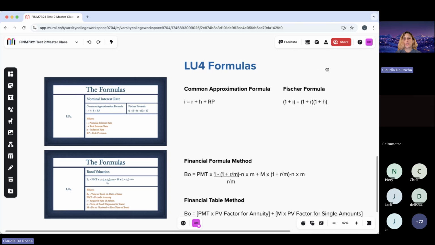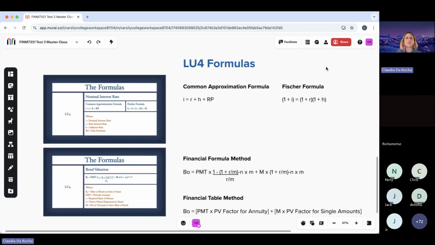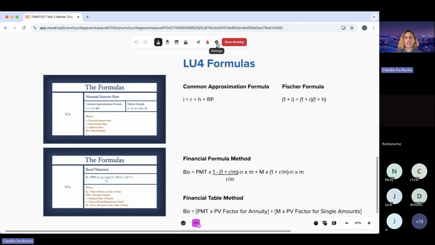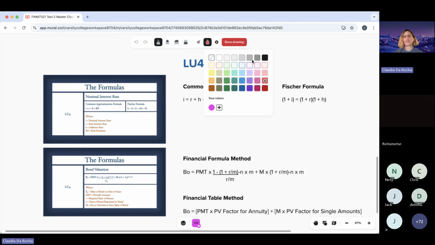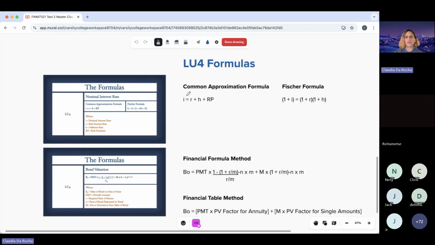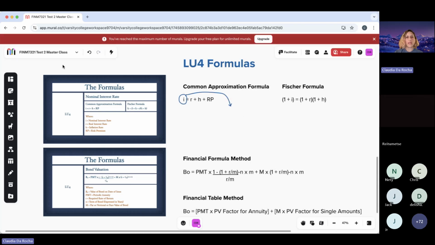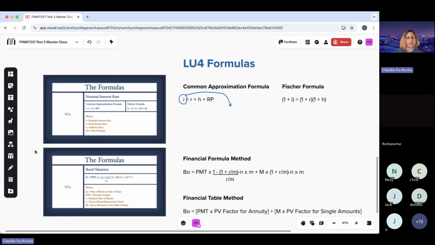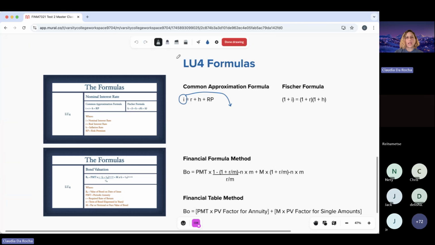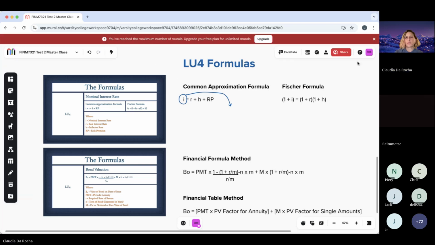With the Learning Unit 4 formulas, the first two that we need to know are the common approximation formula and the Fisher formula. With the common approximation formula, basically what we're trying to do is determine rates without inflation or rates with inflation. So this I is your nominal rate. Your nominal rate includes inflation.